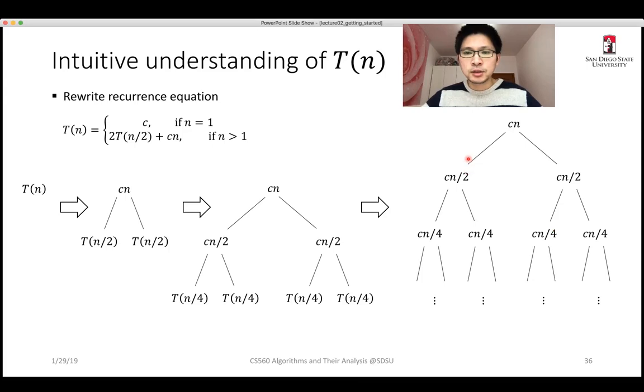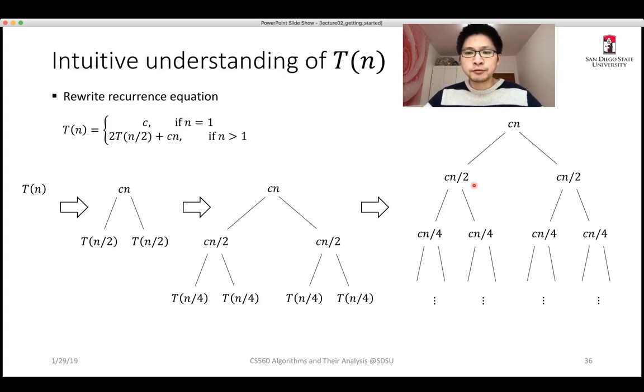When we continuously divide the nodes in the tree, we will eventually reach the point where the nodes can be no longer divided. And that is when we have the smallest subproblems, and the size of the smallest subproblem is n equals 1.